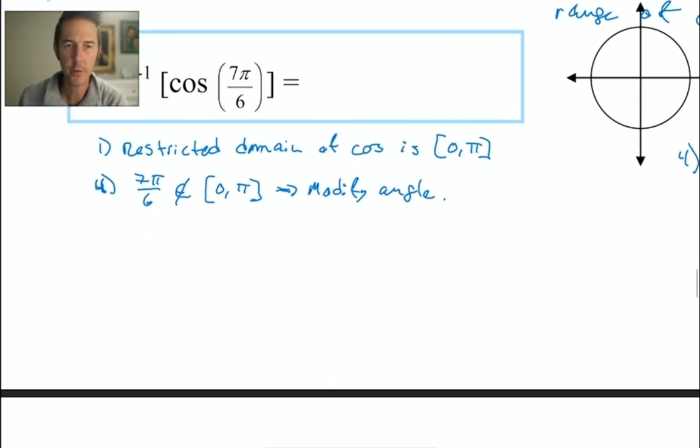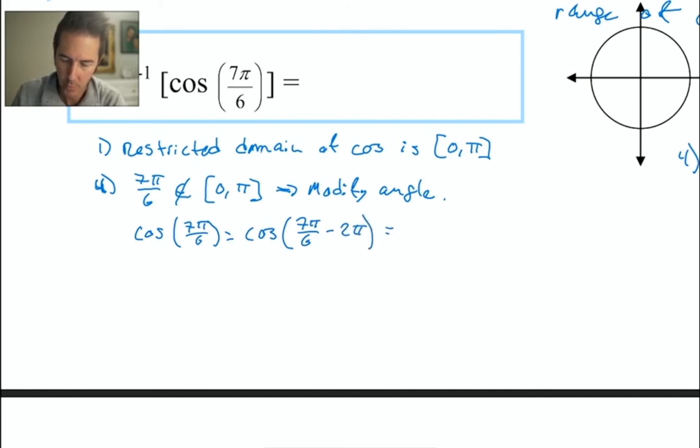Since the period of the cosine function is 2 pi, I note that the cosine of 7 pi over 6 is equal to the cosine of 7 pi over 6 minus 2 pi, which if you use a common denominator, which is 7 pi over 6 minus 12 pi over 6, this turns into the cosine of negative 5 pi over 6.